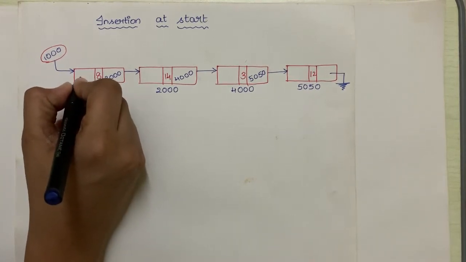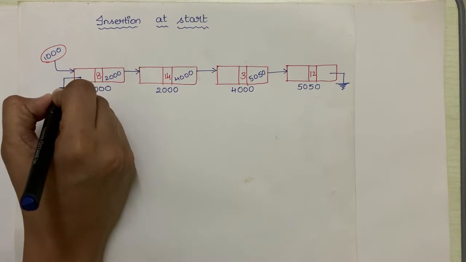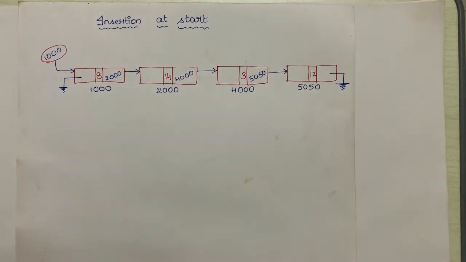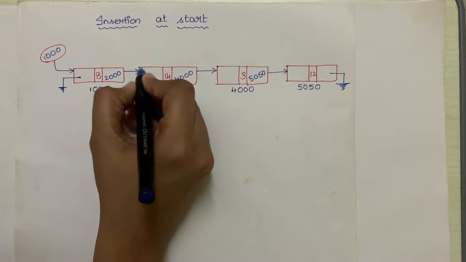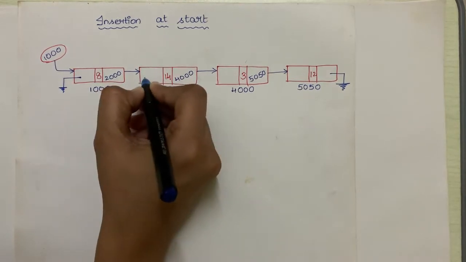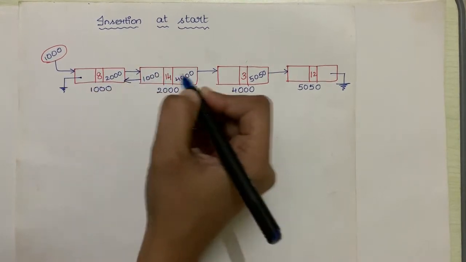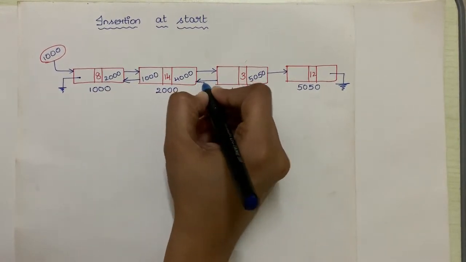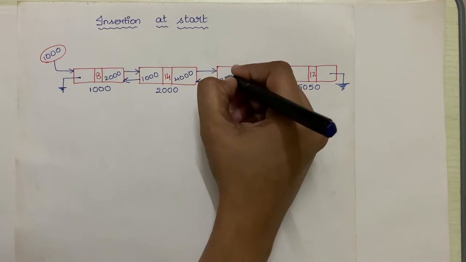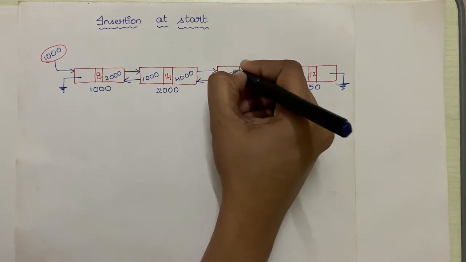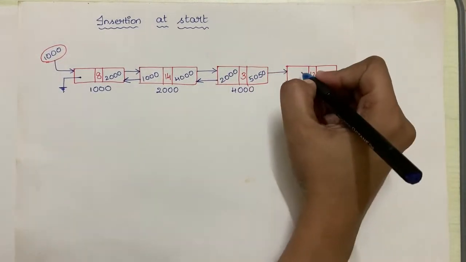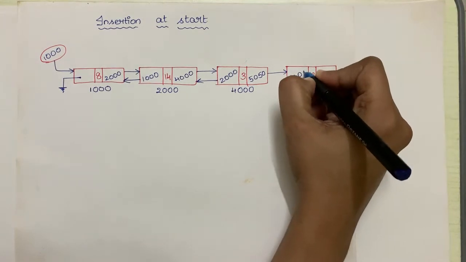As there are no further previous nodes in the double linked list, it stores null. And what about this field? It stores 1000 because 1000 is the previous node for 2000. In the same way, 2000, 4000.